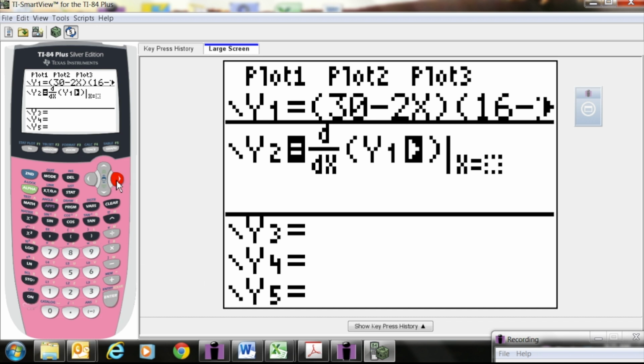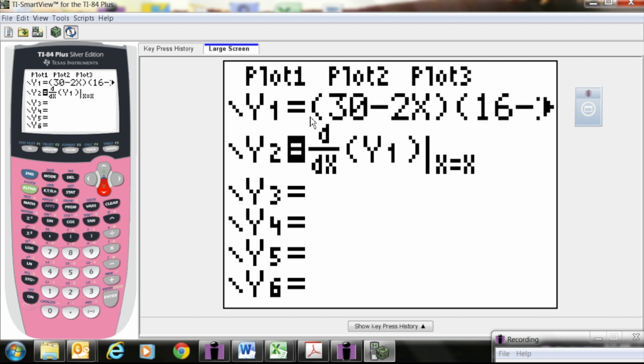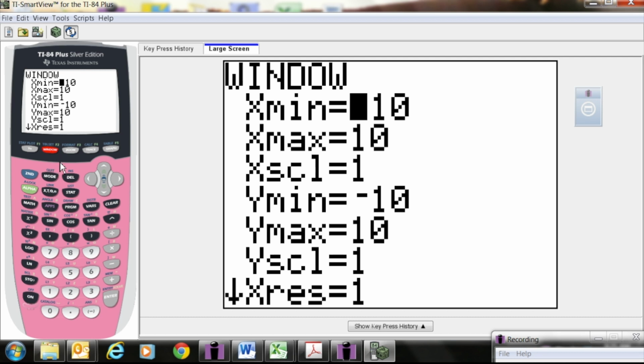And then I want to graph for all x. And what this does is it graphs the derivative graph. So I can see where the zeros are. So in Y1, you put the thing that you're trying to optimize, and in Y2, you ask it to draw the derivative graph. Well, I probably need to be in a specific window.